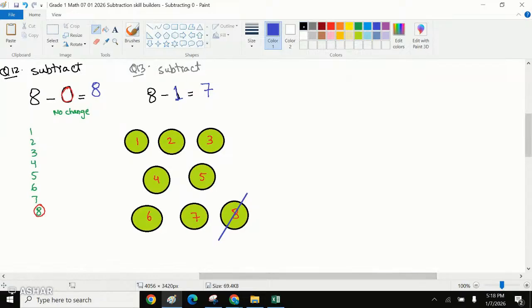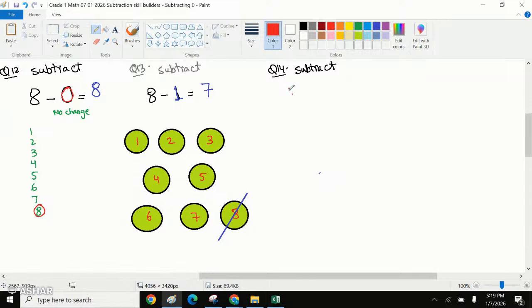Moving ahead further, let's look at what they're asking us in the next question. Okay, this is very simple, but we need to complete the questions and we need to complete the test as well, right? So that we would know how much we understood. The next question says 4 minus 0.